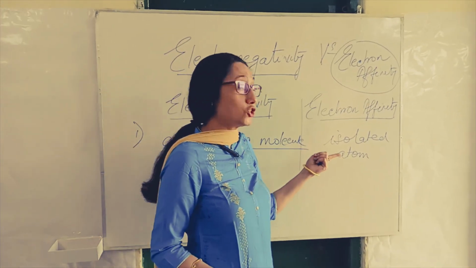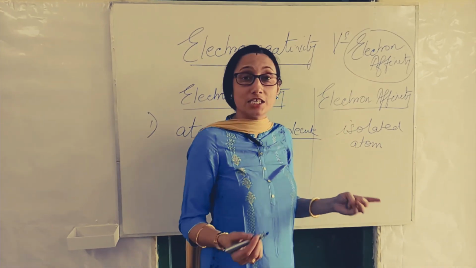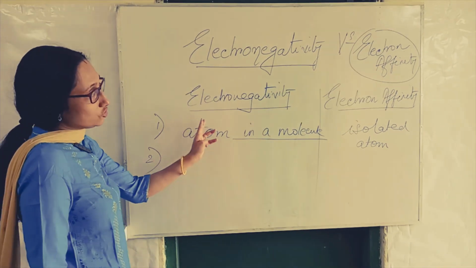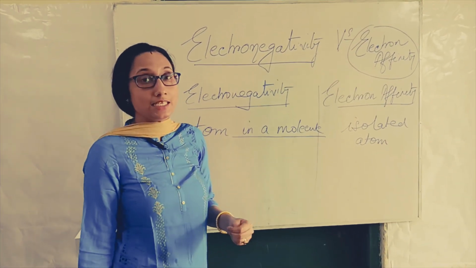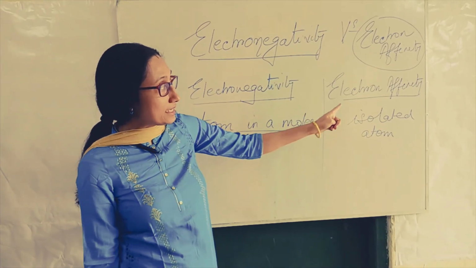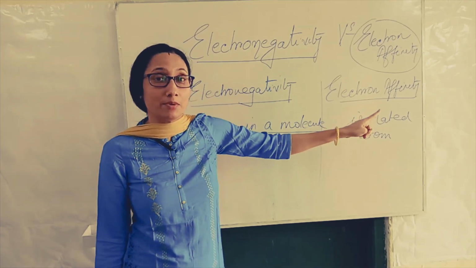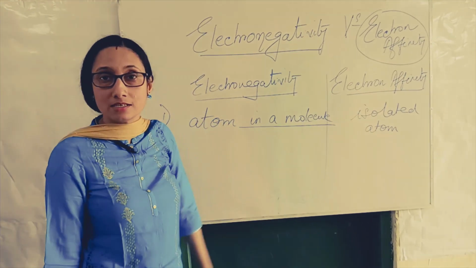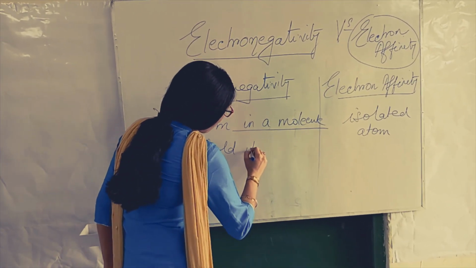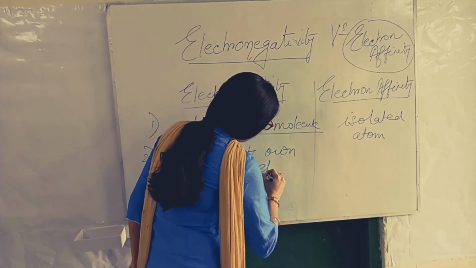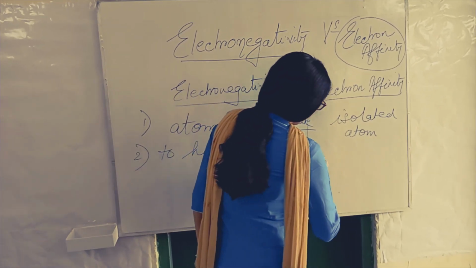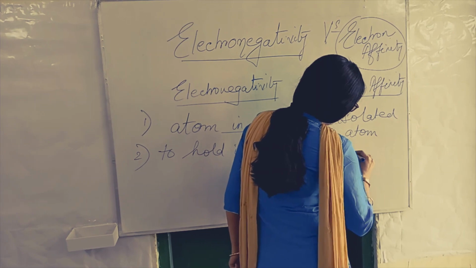But here there is no question of sharing because electron affinity deals with an isolated atom. Now this electronegativity is a tendency of an atom to hold its own electron pair, whereas in case of electron affinity, what happens? There we are adding one external electron.